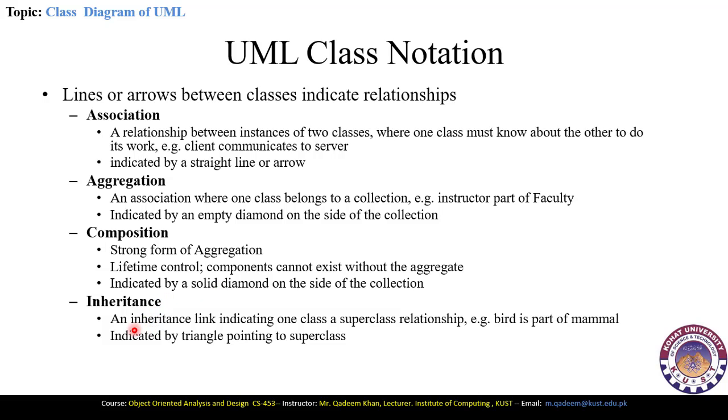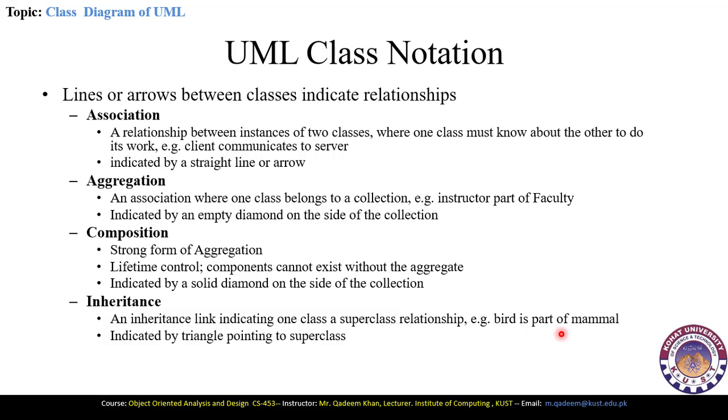Inheritance is a very simple concept in which the parent class passes its data members and member functions to the child class, so they can be accessed in the child class. In inheritance, we have the subclass and superclass relationship, and it is also called generalization, where the superclass is accessible to the child classes.